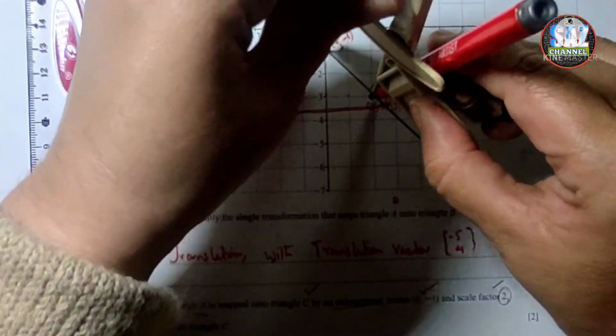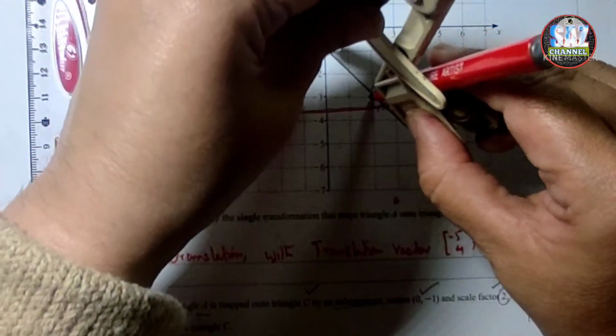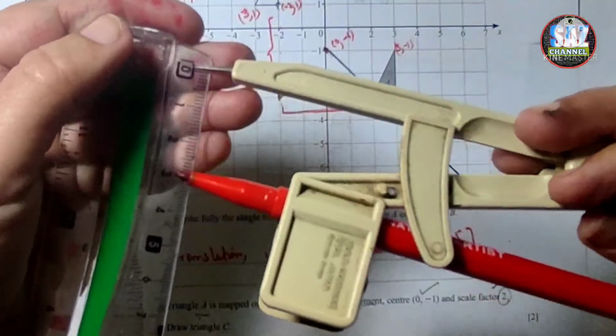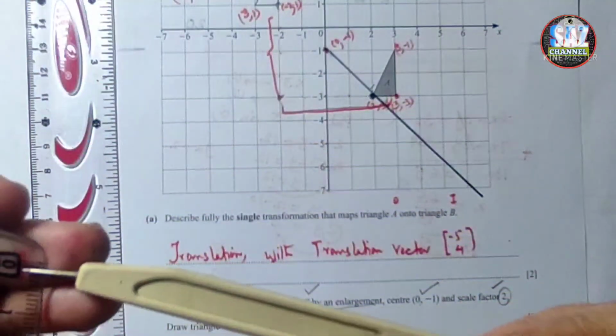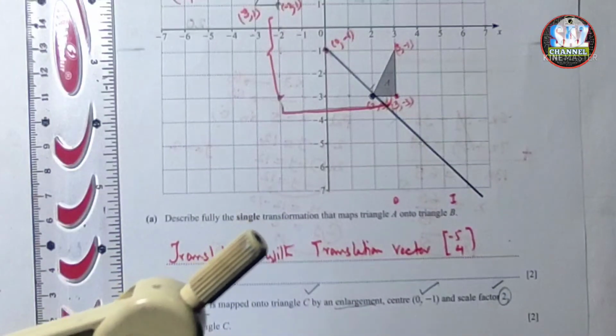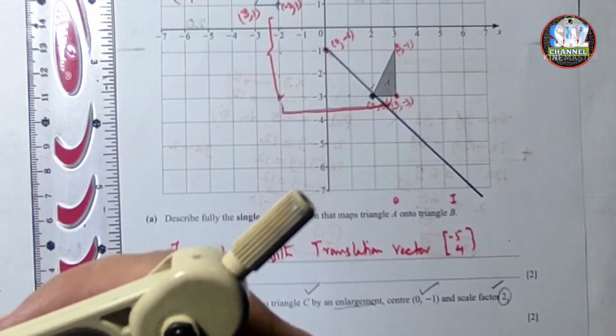I'm showing the actual working in front of you, and then keep this length on the ruler. It is 2.5, and I'm multiplying it by 2. Because the scale factor is 2, it becomes 5.